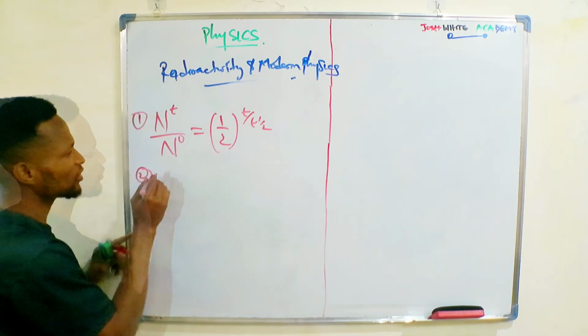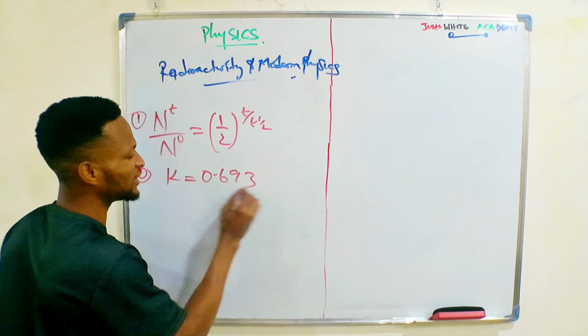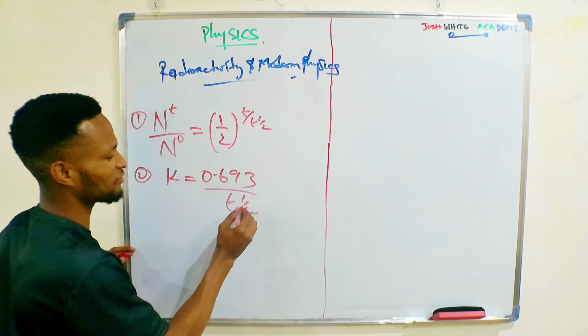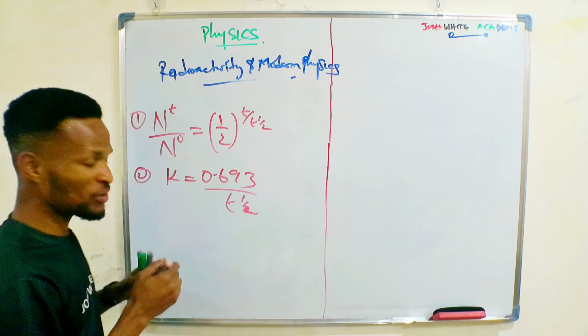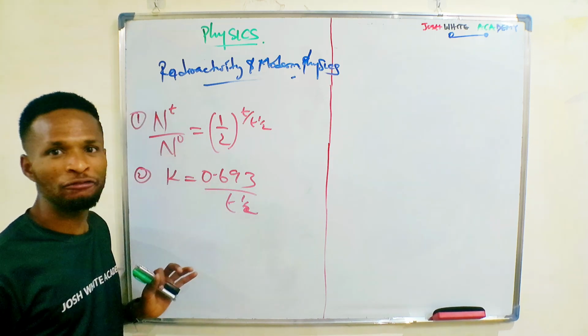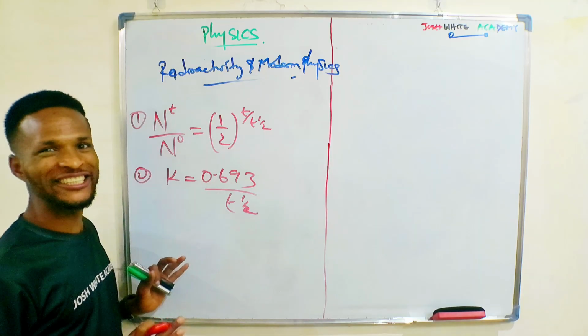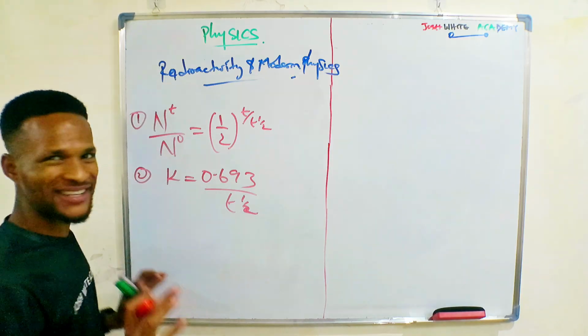Also, the decay constant is equal to 0.693 all over half-life. We say half-life is the time taken for a material to decay or decompose to half of its original size or mass.